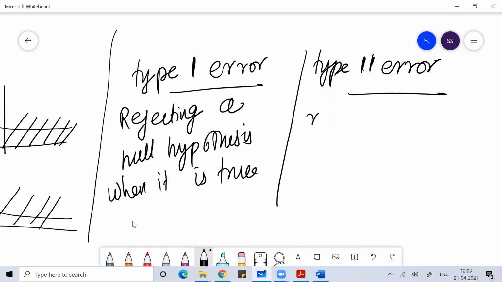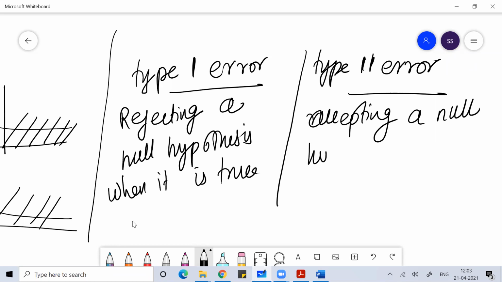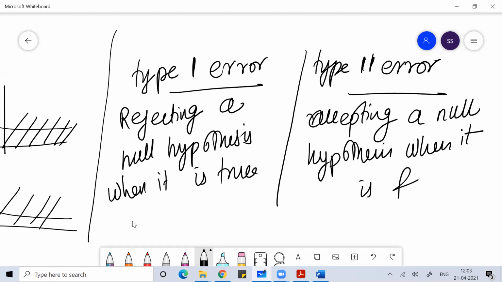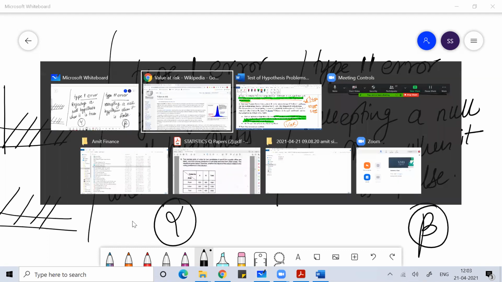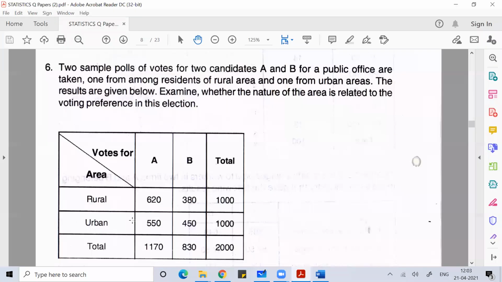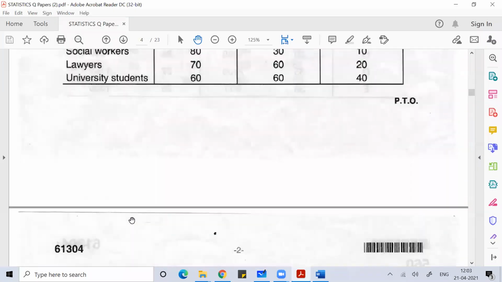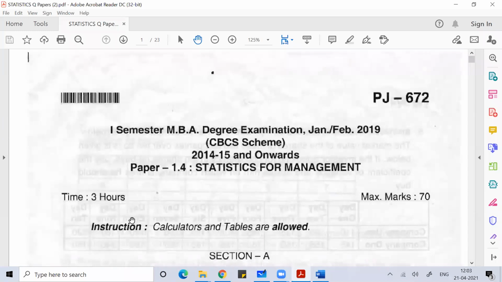And type 2 error means accepting a null hypothesis when it is false. It is called type 2 error. The parameter which measures the type 1 error is alpha, and the parameter which measures the type 2 error is beta. So in theory questions in your question paper you will get: what is test of hypothesis, what is type 1 error, what is type 2 error.